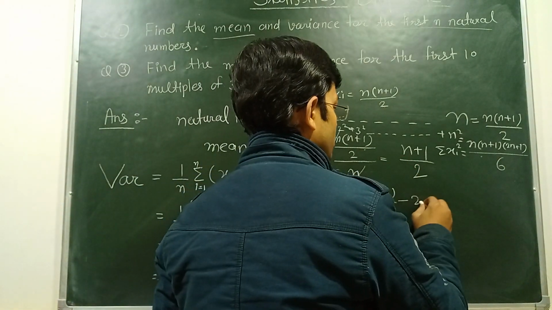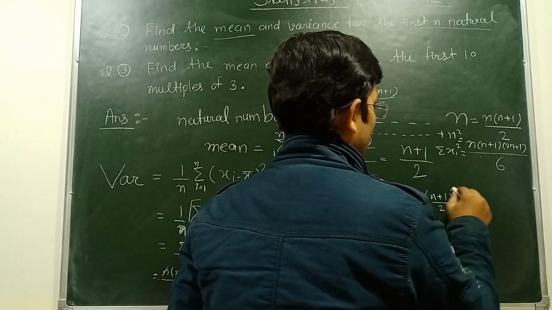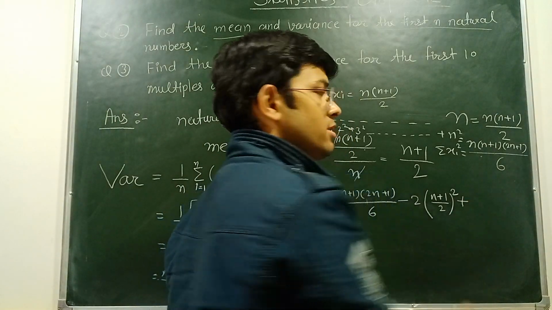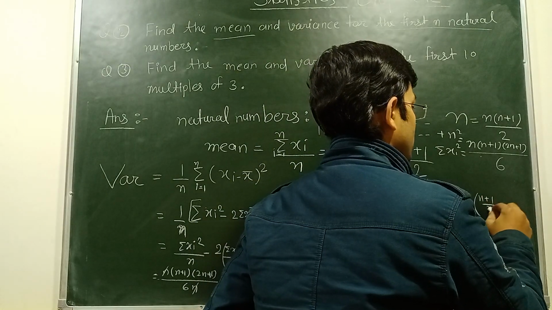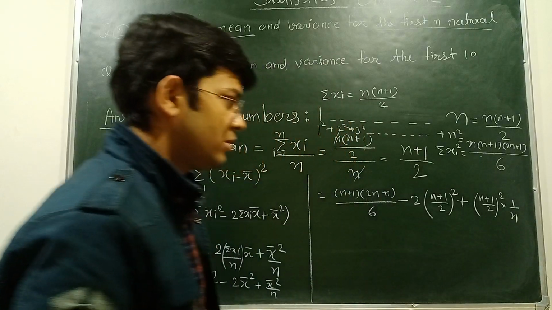So minus 2 times n plus 1 upon 2 to the whole square, plus x bar square, that means n plus 1 upon 2 to the whole square, divided by n.